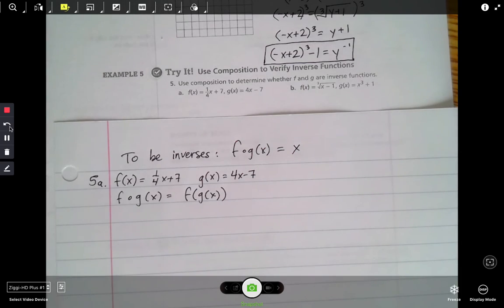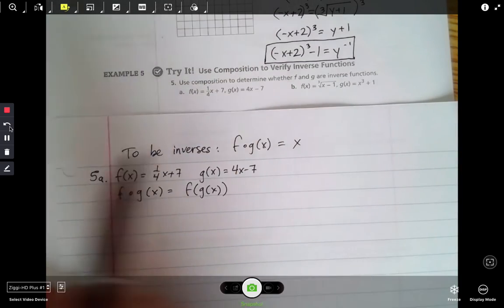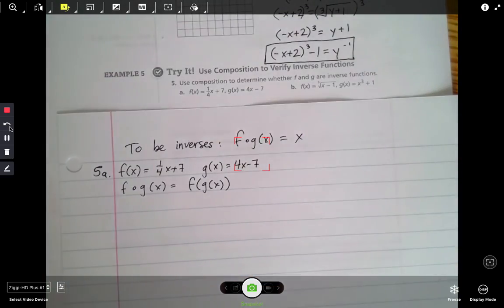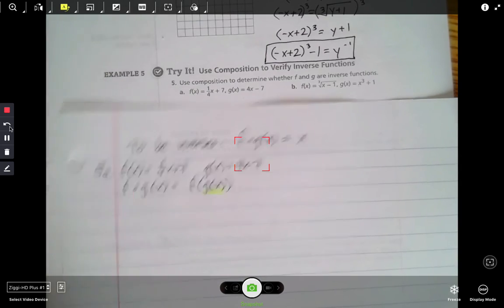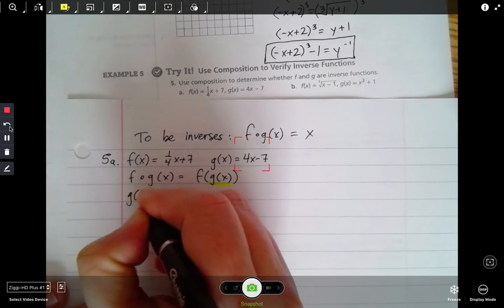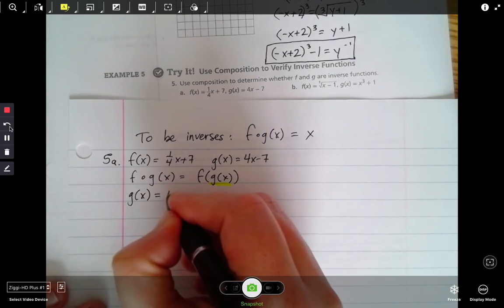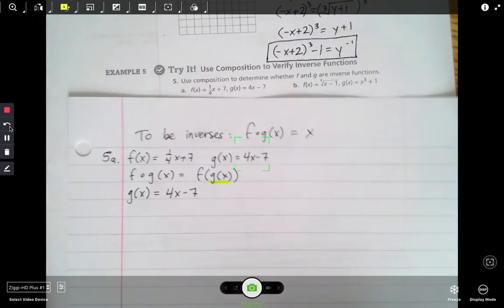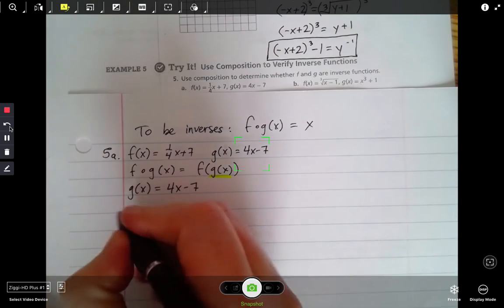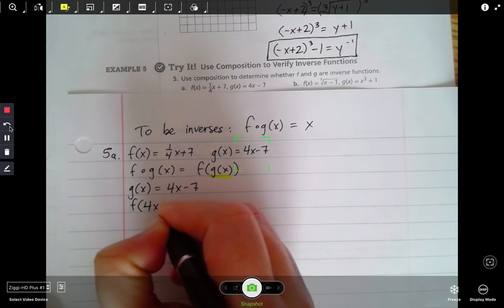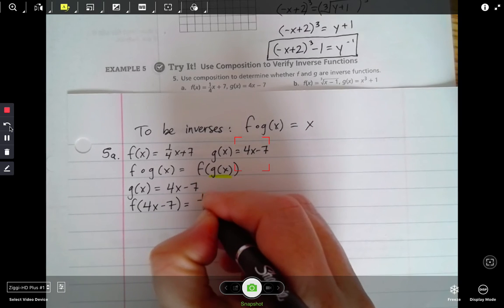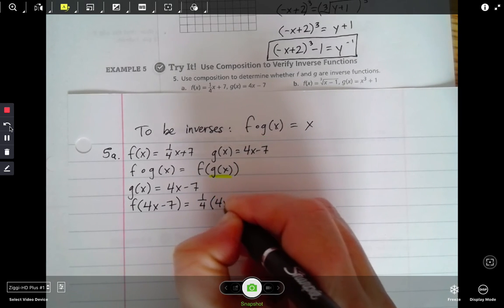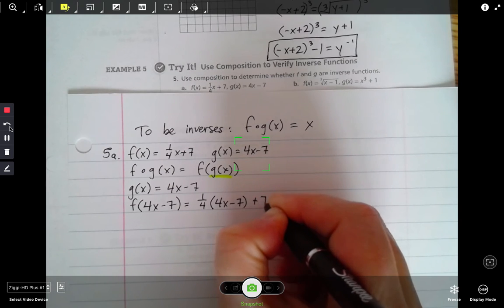So this is where we're bringing in what we did on Friday. Remember, on Friday, guys, we started from the inside and worked our way out. So I'm focusing on g of x now. We just said that g of x equaled 4x minus 7. So now what we have to do is find f of 4x minus 7. So 1 over 4 times 4x minus 7 plus 7.